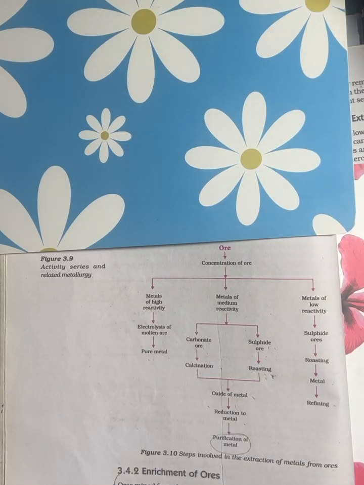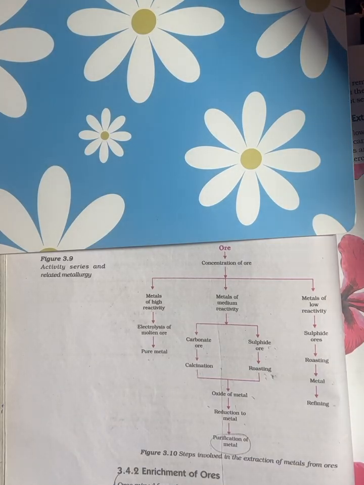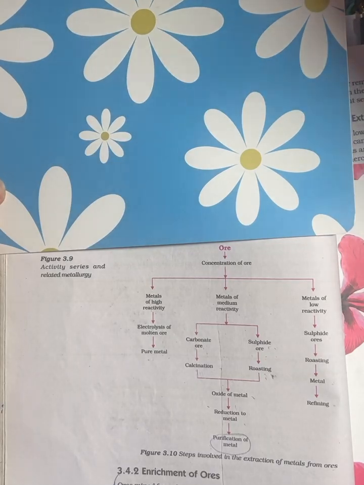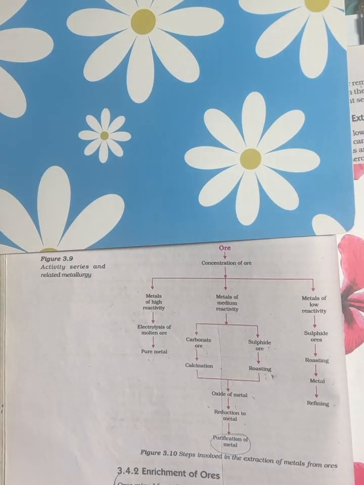So students, this is a very important question. The steps involved in extraction of metal from ores are a very important question, and it is a 3-marker question. Now I will give you an example of extraction of a metal in the middle of the activity series, and we will take the metal zinc.